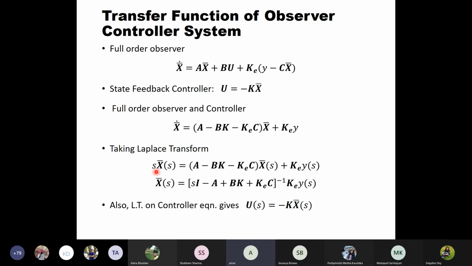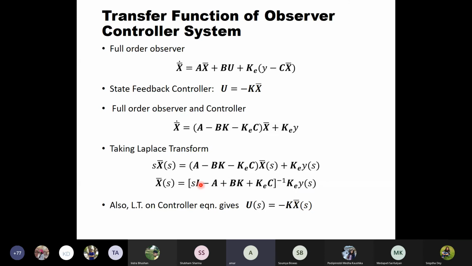If I take a Laplace transform on this, then I will get x bar(s) equal to the inverse of sI minus A plus BK plus KeC, multiplied by Ke into Y(s). Also, if I take a Laplace transform on the state feedback controller, this will give U(s) equal to minus K x bar(s).